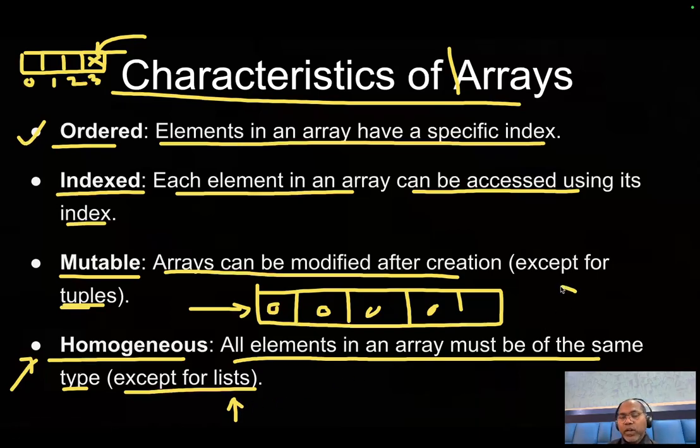So if your array contains a single data type, then you can say the array is a homogeneous array. If your array contains multiple types of values, like float, string, integer, mixed values, then you can say it is a heterogeneous array. A good example is the list we already saw.